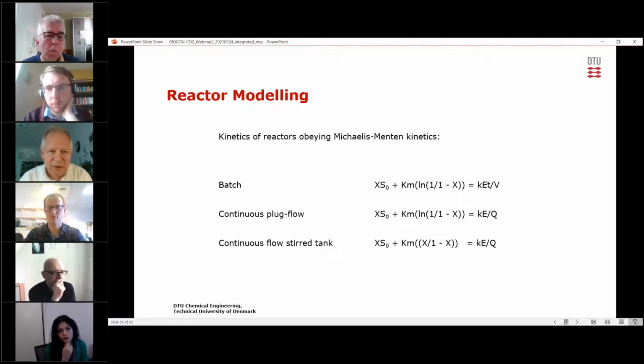So this kind of modeling is very useful to help us also to choose the correct reactor type as well. Next slide, please.